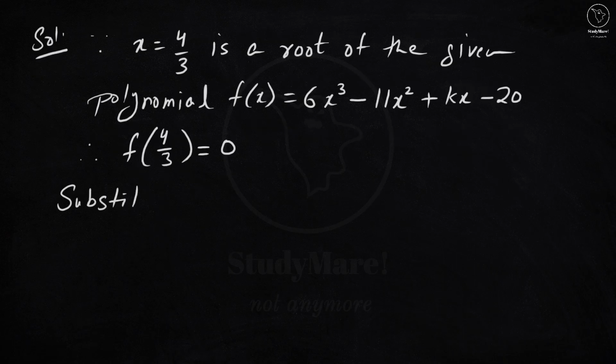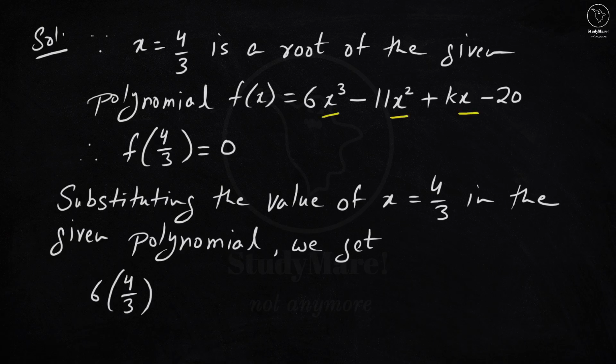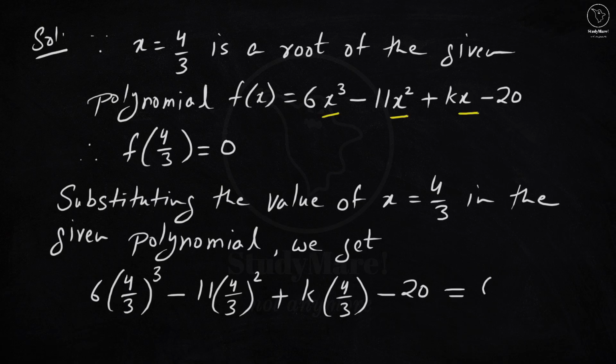So, substituting the value of x is equal to 4 by 3 in the given polynomial, we get 6 into 4 by 3 to the power 3 minus 11 into 4 by 3 square plus k into 4 by 3 minus 20 is equal to 0.